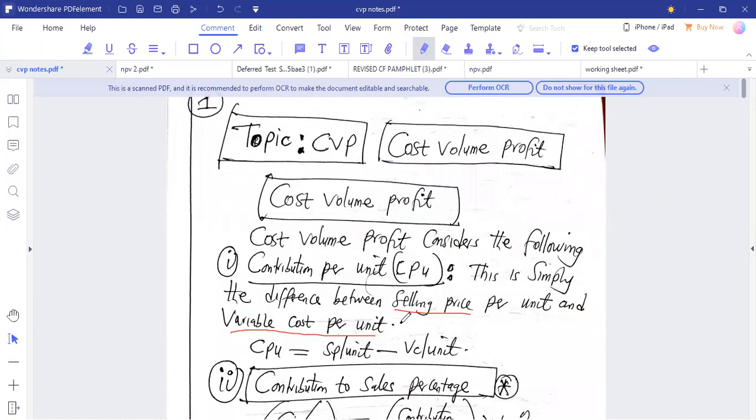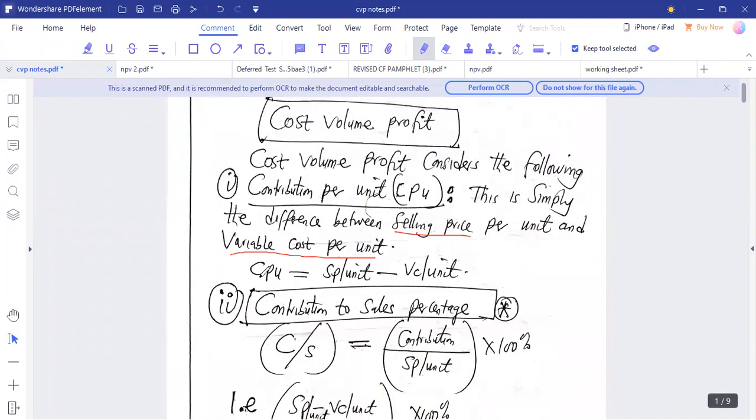It only looks at the sales minus the cost of sales, or selling price per unit minus the variable cost per unit. So the formula here: the CPU is equal to the selling price per unit minus the variable cost per unit.